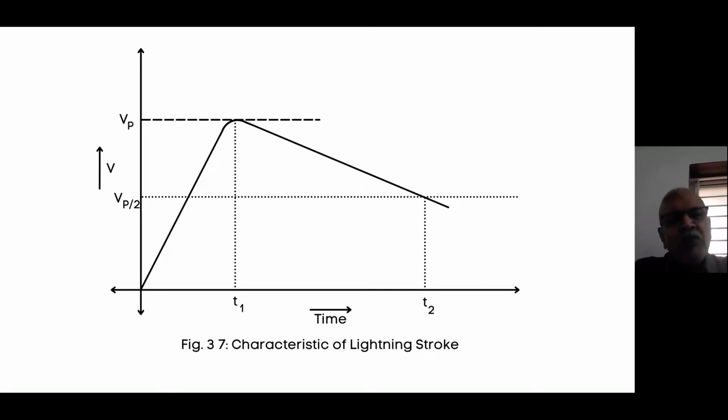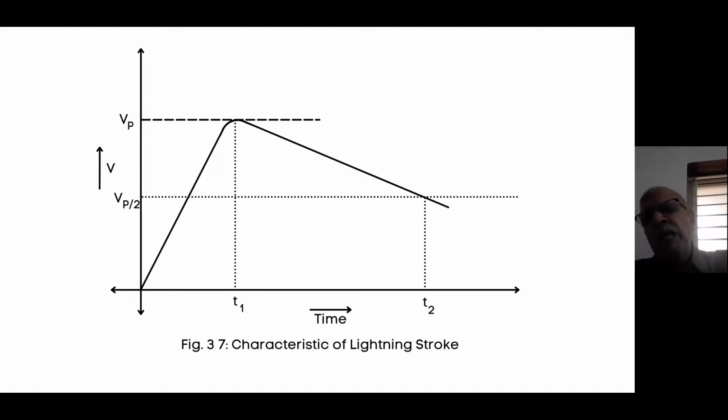We will see the wave shape that I was talking to you. Wave shape of lightning stroke is like this. It reaches from 0 to V peak. V peak, as I told you, is 1000 kV more or less. And then it will go away.